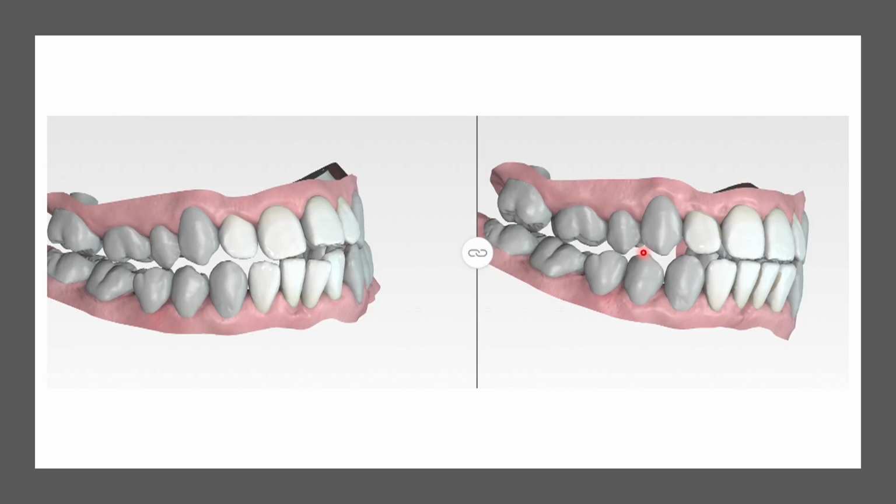And we can see this tooth here just being tipped back into almost edge-to-edge position, actually. But we are trying to finish this class 1 if possible. The design actually was, we were not able to get on the design a full closure of the open bite.